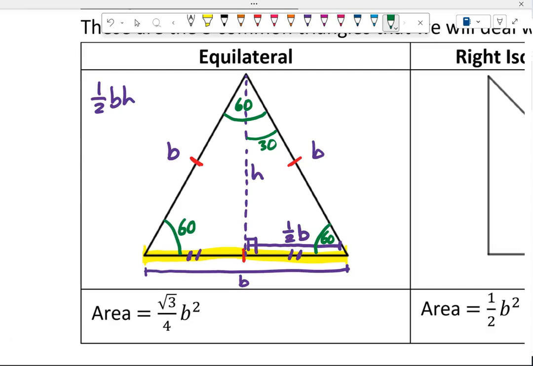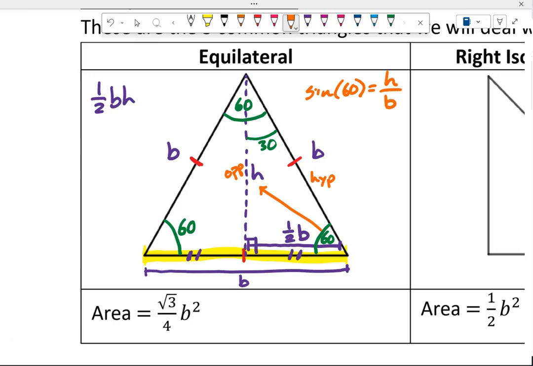I'm going to use trig, SOHCAHTOA. So I'm going to use that sine of 60 opposite over hypotenuse would be h over b, opposite over my hypotenuse over here.